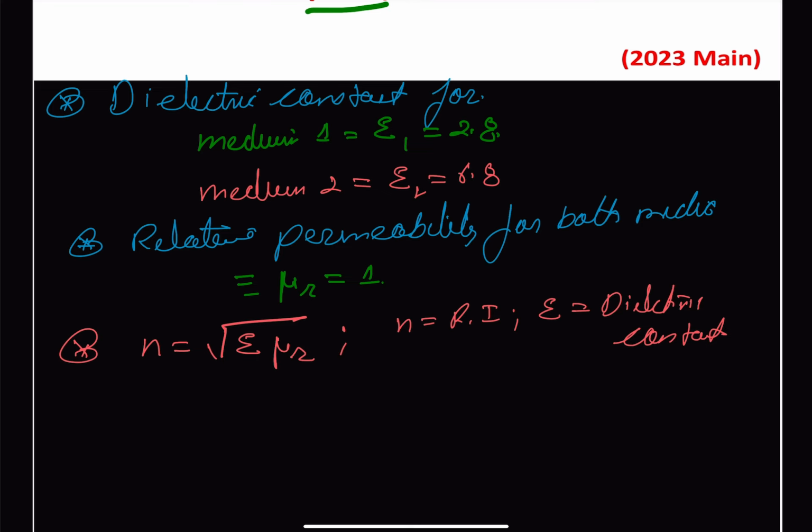So we have two mediums. We can divide this formulation into two parts. For medium 1, we can write this as our n1 will be equal to square root of epsilon 1 mu r. Mu r is same for both, so this becomes 2.8 multiplied by 1 is equal to square root of 2.8. And we have medium 2.